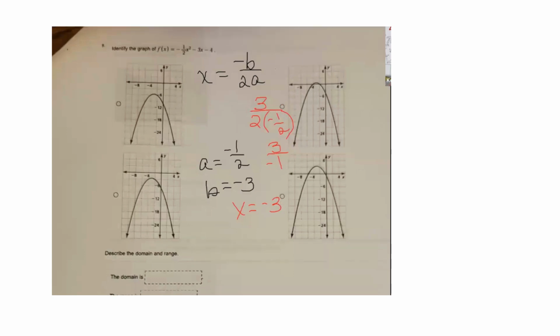Okay, so y equals, you put in -1/2 times -3 squared minus 3 times -3 minus 4.